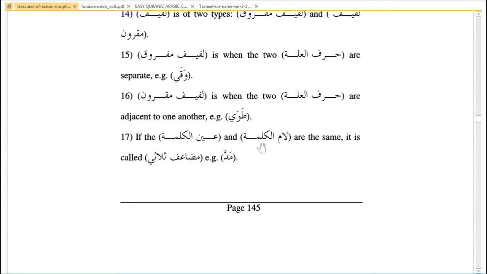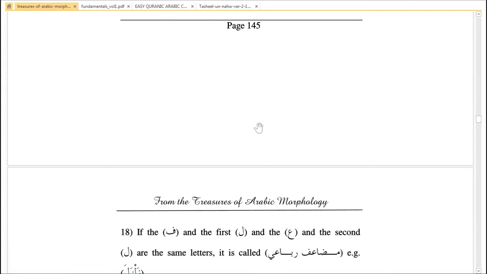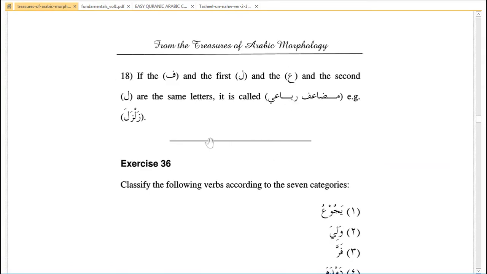If the ain kalima and lam kalima are the same, it is called mudaf thalathi. And then mudaf rubai is when there are two letters the same: the fa and lam kalima are the same, and the ain and lam kalima are the same.